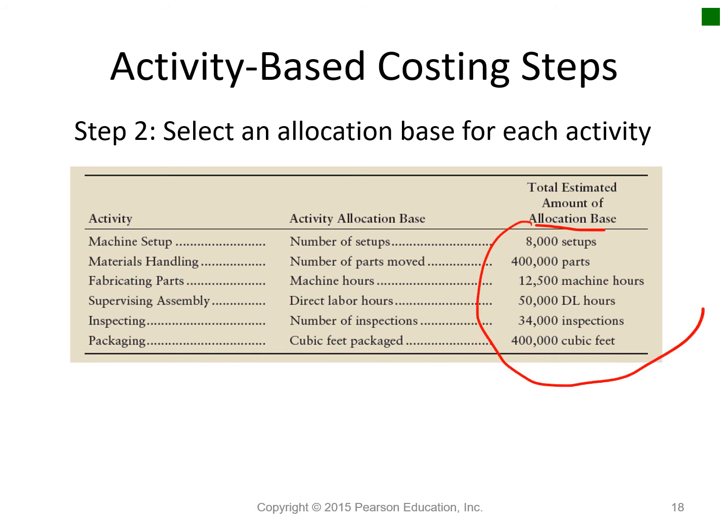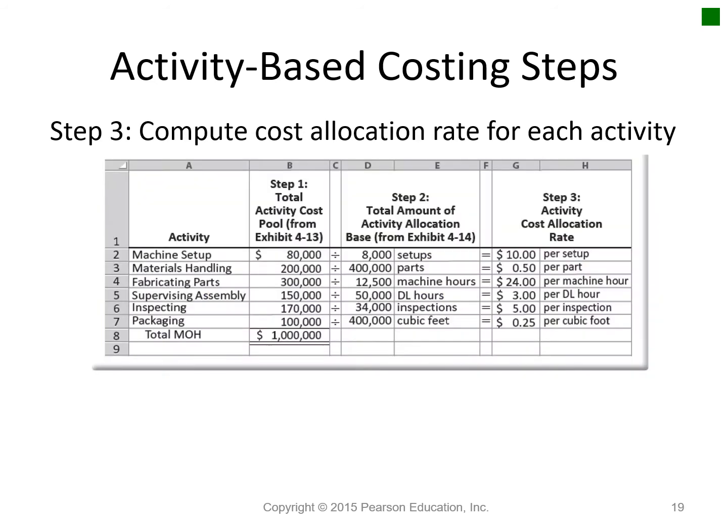I'm going to circle it. These numbers represent the denominator in your overhead rate calculation. All you'd have to do is take the dollar amounts and divide by these bases to get your 6 individual overhead rates.